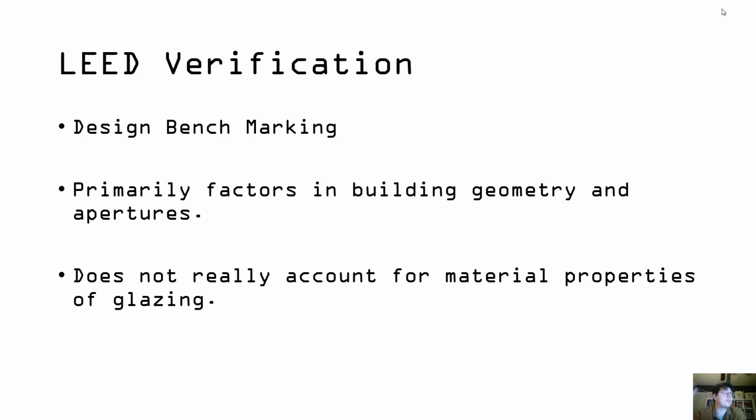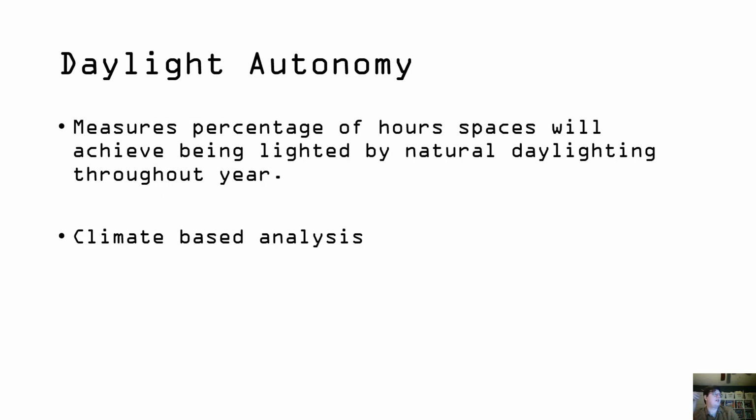And so it doesn't really account for material properties of glazing, which, as I just said, could have a pretty profound effect on the efficiency of daylighting, because visual transmittance determines how much light can actually pass through glazing. But that's neither here nor there. It is what it is.